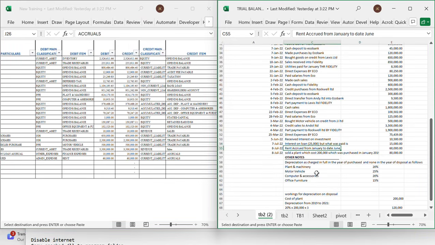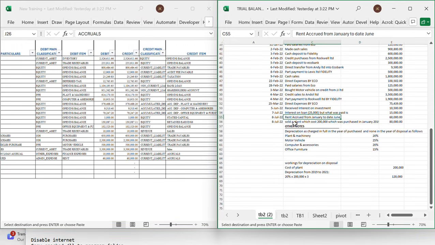Now, the last transaction is that a plant was sold for 80,000, which the cost was 200,000 in the year 2019. This is 2019, right? So the other note is that depreciation is charged in full in the year of purchase and none in the year of disposal, right?